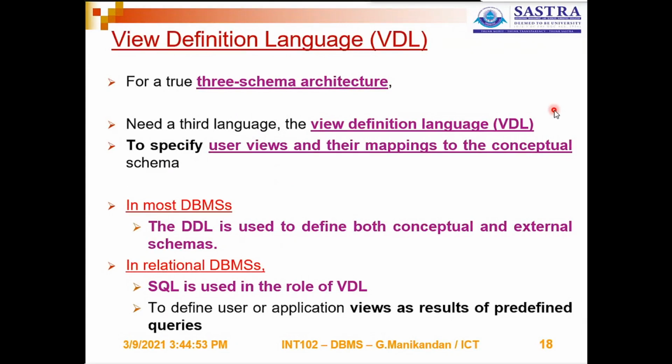In most database management systems, your DDL is used to define both conceptual and external schemas. If you take a relational database management system, then your SQL is used in the role of DDL.